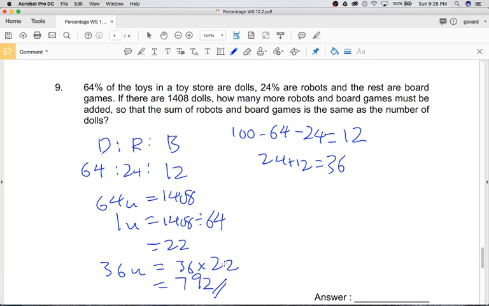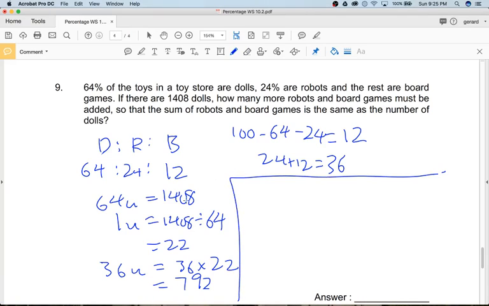Oh, this is not an answer. Luckily I read. This is not the final answer. Why is it not the final answer?